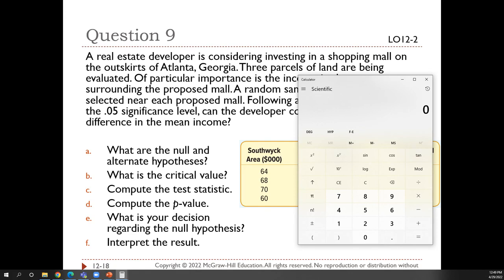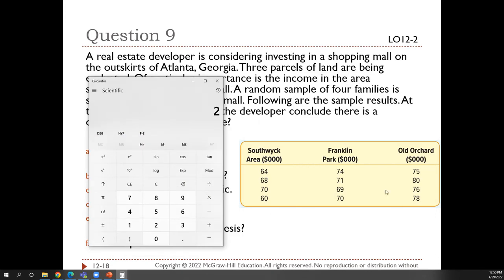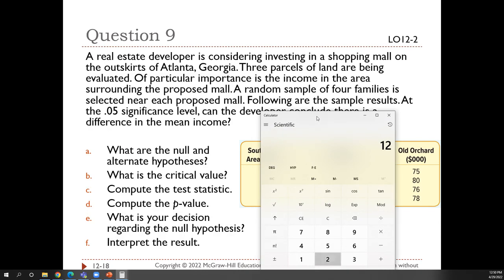And we know degrees of freedom for the treatment is taking the number of treatments minus 1. So we know our numerator degrees of freedom is 2. Error. We have 12 observations. Okay. So 12 minus the 3 treatments or 3 samples comes out to 9 in degrees of freedom.